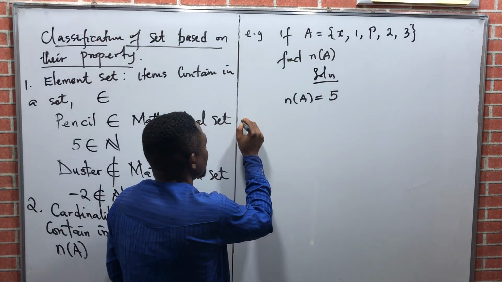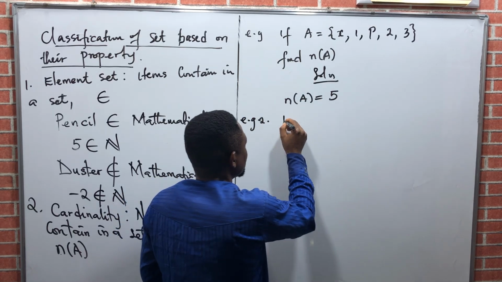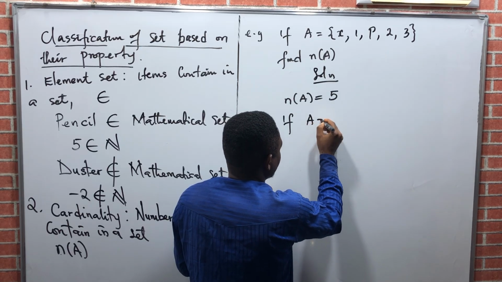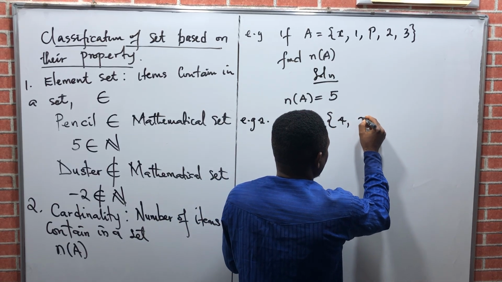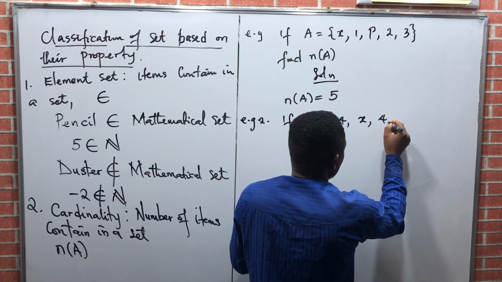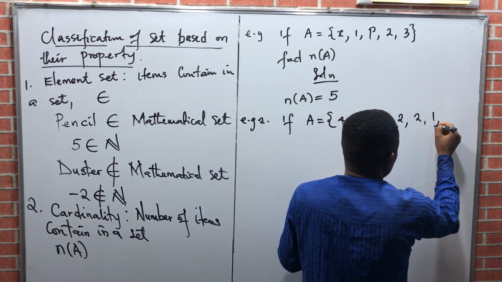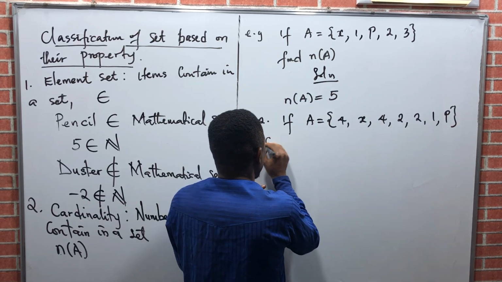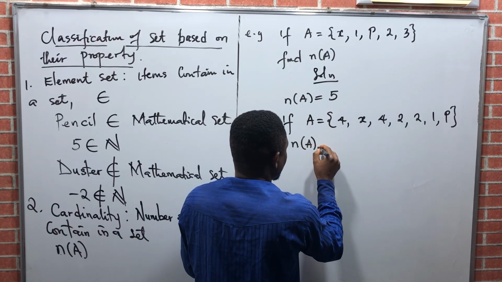Now, permit me again to solve example 2. Watch this. If set A is 4, x, 4, 2, 2, 1, p, and the question says find the cardinality of set A. Are you there?